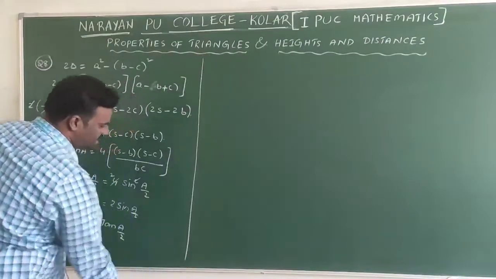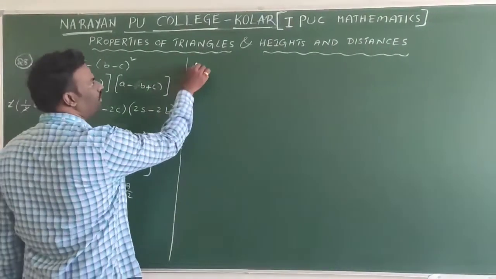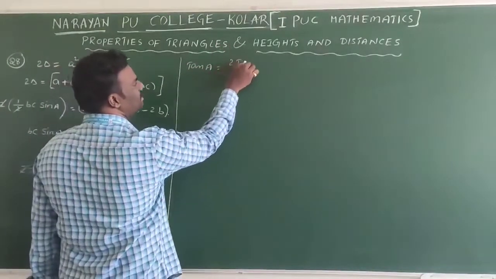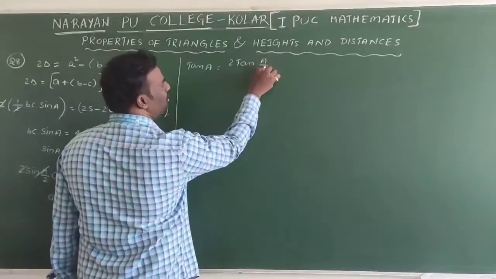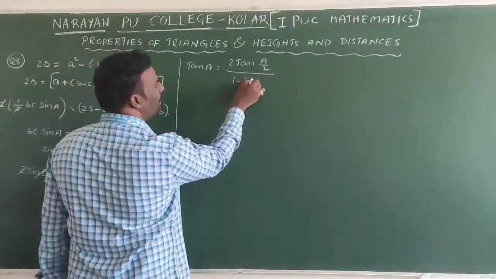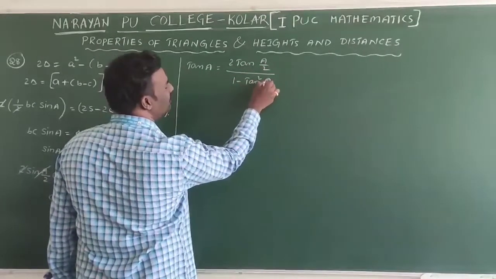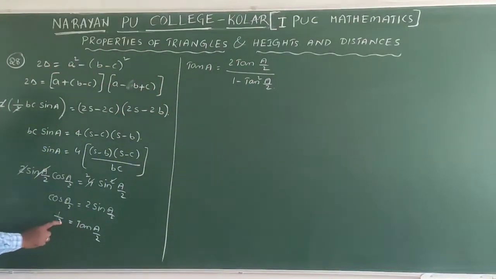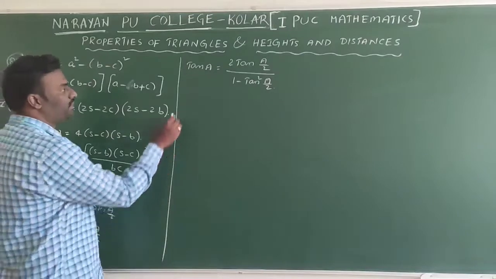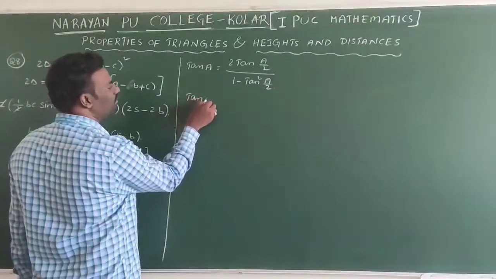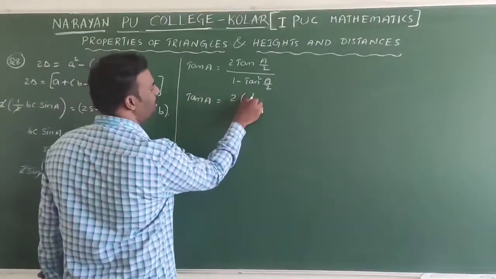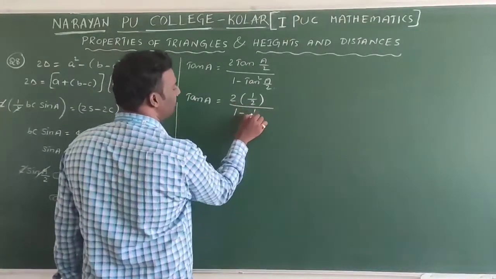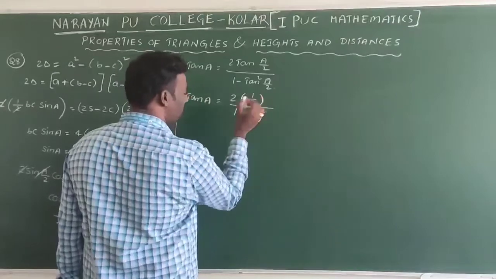But in the question they asked for the tan A value. We know that tan A can be written as 2 tan A by 2 by 1 minus tan square A by 2. So tan A by 2 value is 1 by 2. You substitute here. Tan A equals 2 into 1 by 2 by 1 minus (1 by 2) whole square.